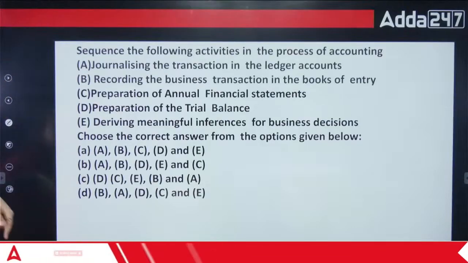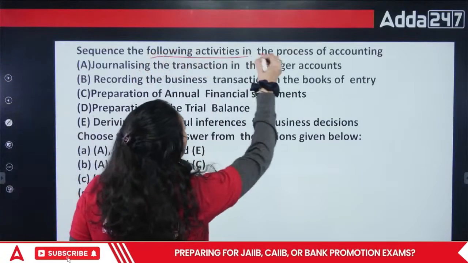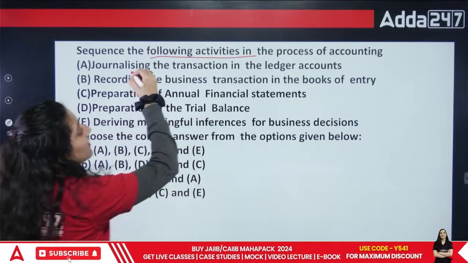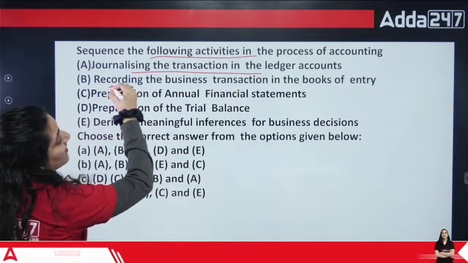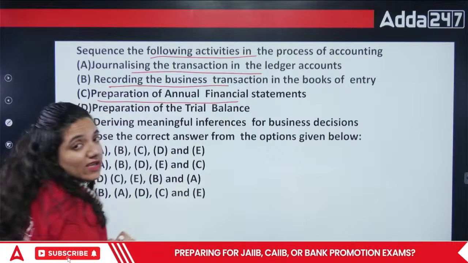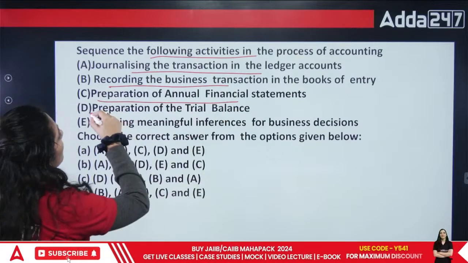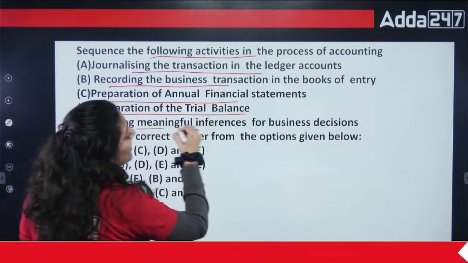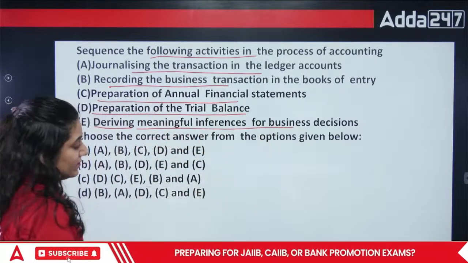Next point, the sequence of the following activities in the process of accounting. First is journalizing the transactions. Second is recording the business transactions. Third is preparation of annual financial statements. Then we have preparation of the trial balance. Then we have deriving meaningful inferences, right?